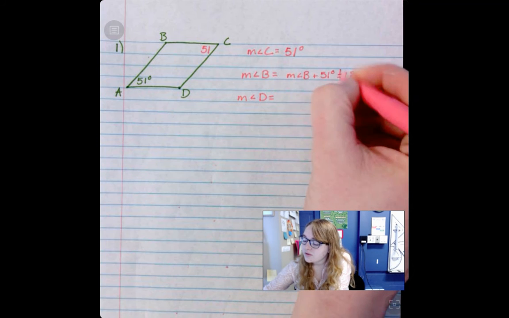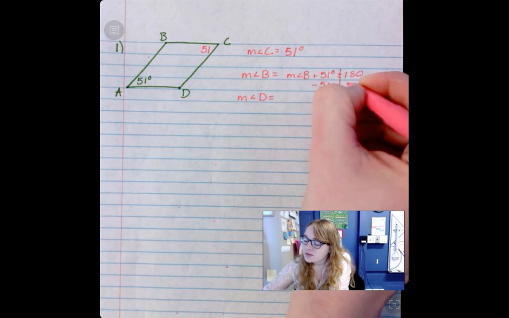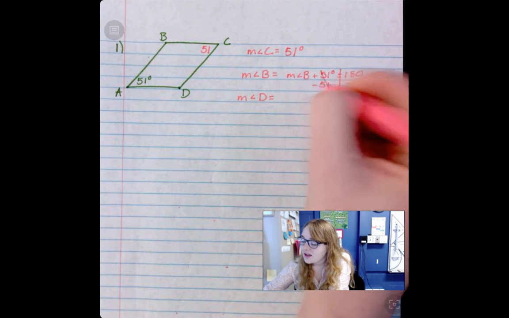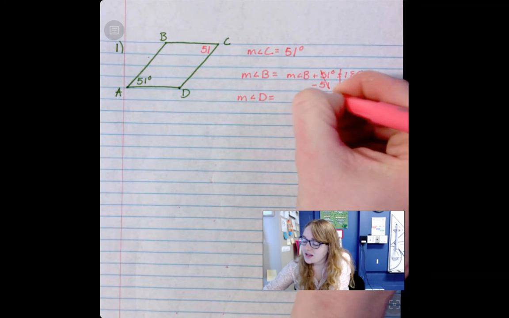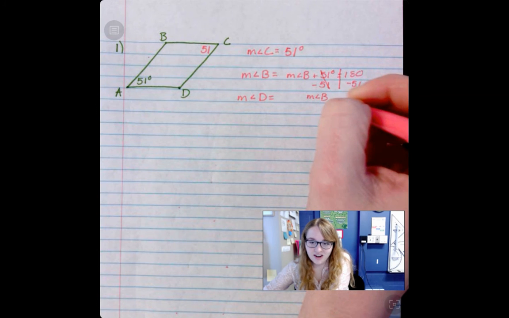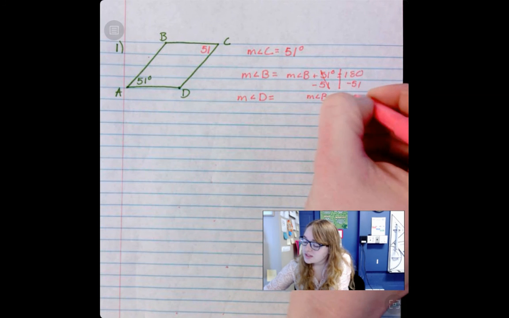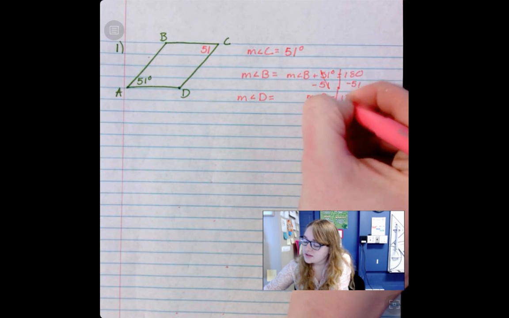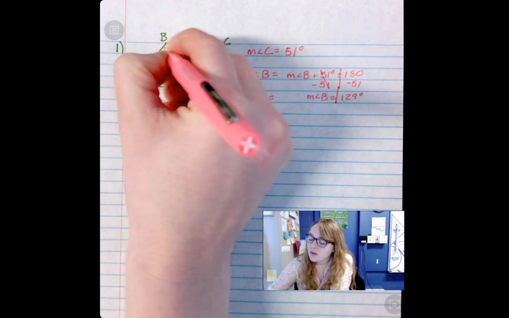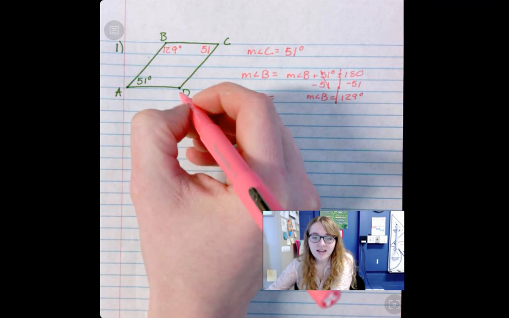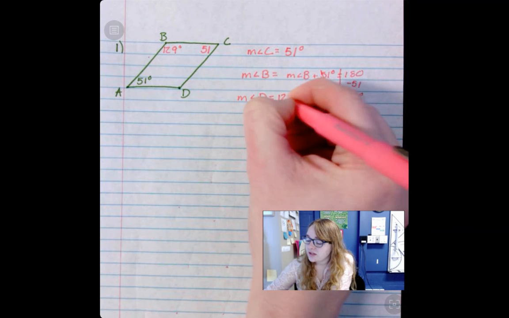And then we would just solve this like a regular algebra problem, subtract 51 once on each side of the equal sign, and get that the measure of angle B would be 129 degrees. And then we could use opposite angles, our second super cool rule again, to say that angle D is also 129 degrees.